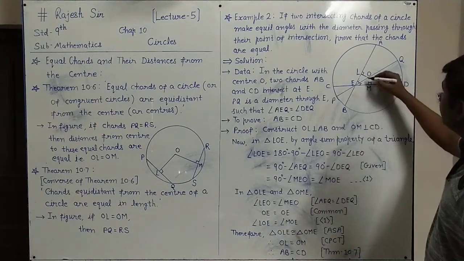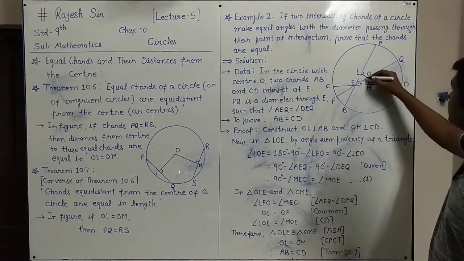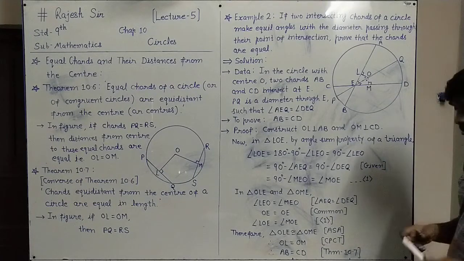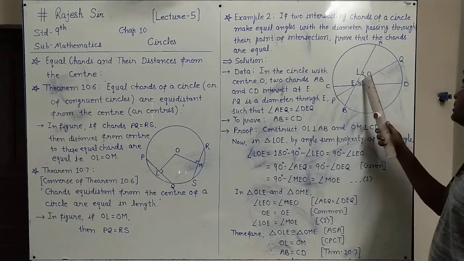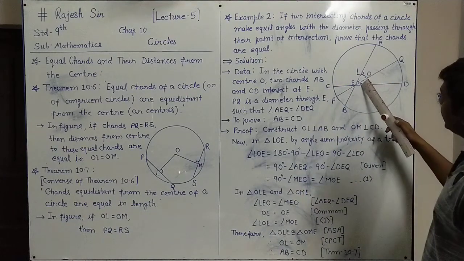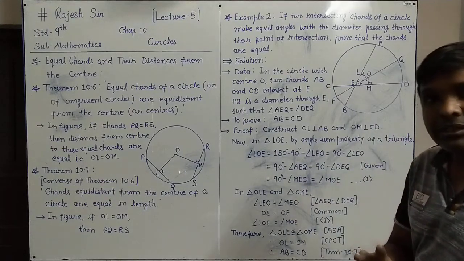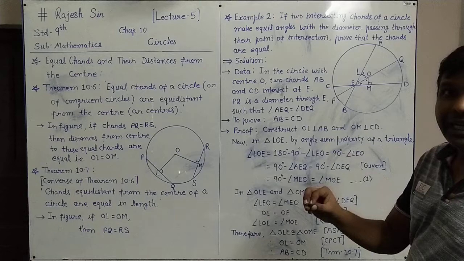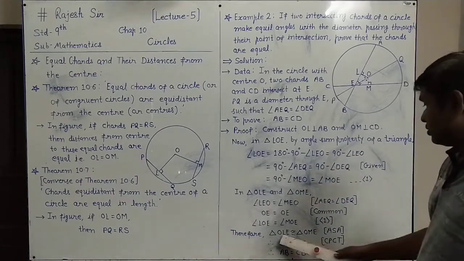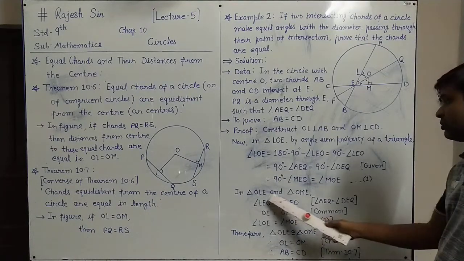OE equals OE, this side we have shown equal. And LOE equals MOE, these two angles we have shown equal. So what they are representing in these two triangles is angle side angle on that triangle, and here also angle side angle on this triangle. So we have shown in the given two triangles that the corresponding angles, sides and angles are equal. So by ASA, angle side angle, both the triangles will be congruent.